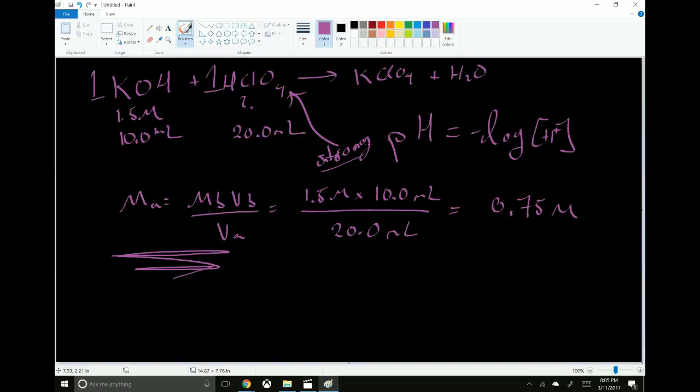For a weak acid or a weak base, the pH is going to be a more complex situation. But for this, fairly straightforward. It's just going to be the concentration of the acid. So pH equals negative log of 0.75. And that means that our pH is equal to 0.12.